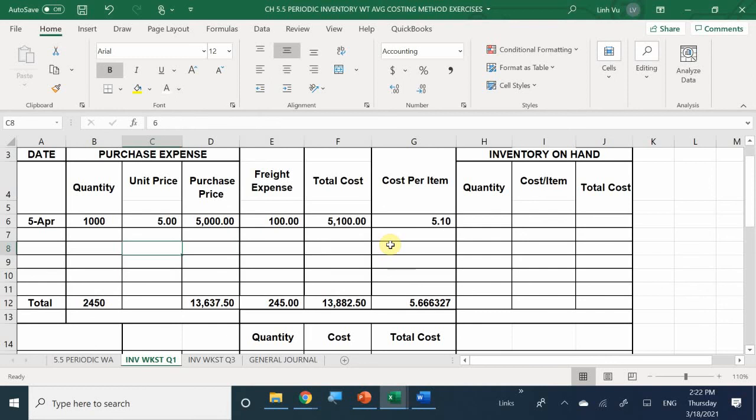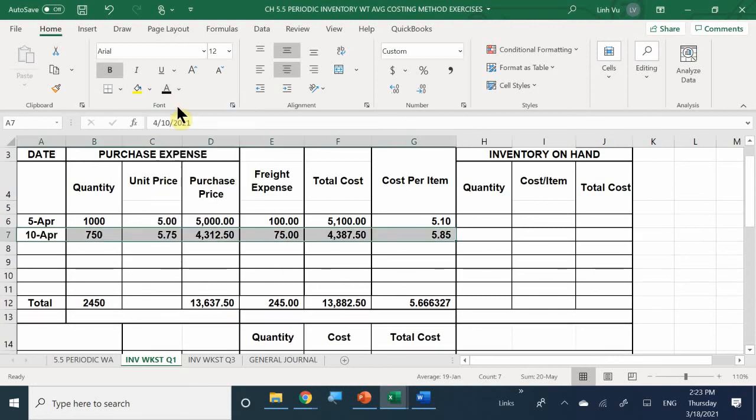But in this case, I made a second batch. I purchased another one. So by me purchasing another batch, my 510 is not going to hold, because I need to add up my two quantities, and I have to add up my two total costs, and then I would be able to solve for the average.